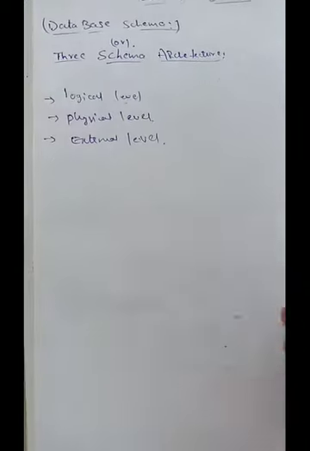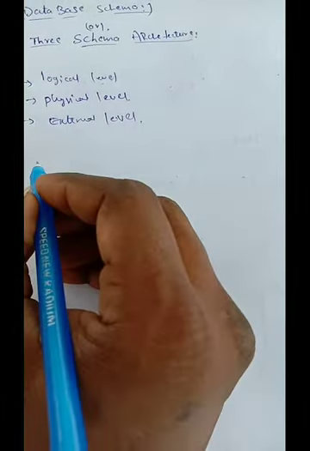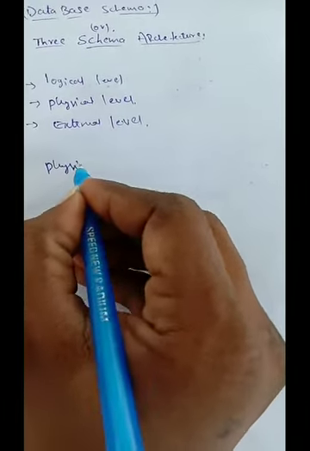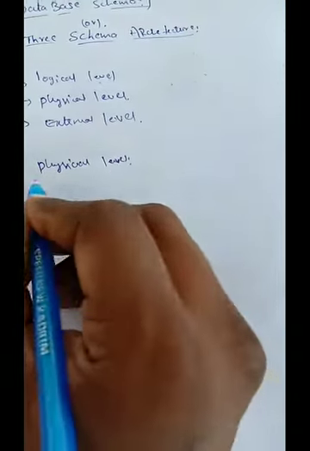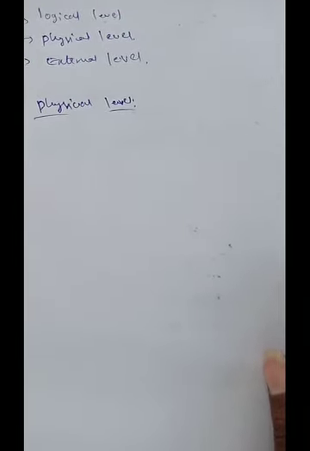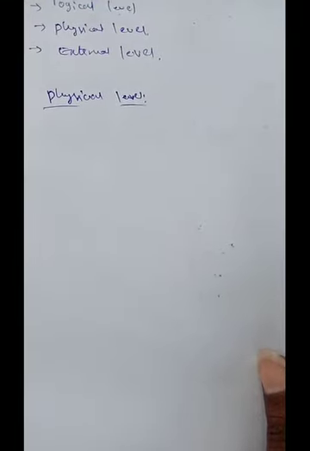Here, the physical level is the lowest level. The physical level means where the physical data exists, and the devices on which the data is stored are discussed at the physical level.